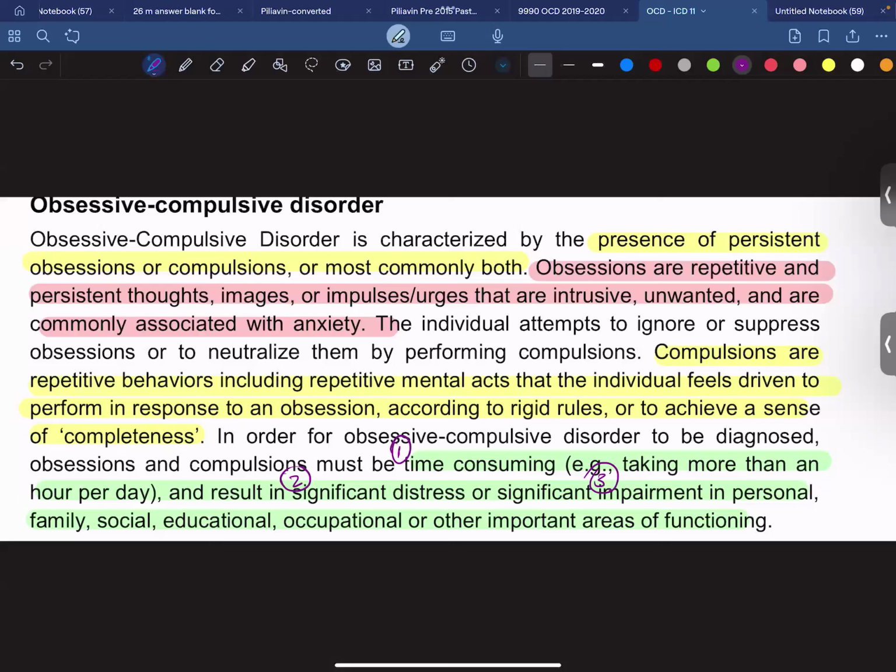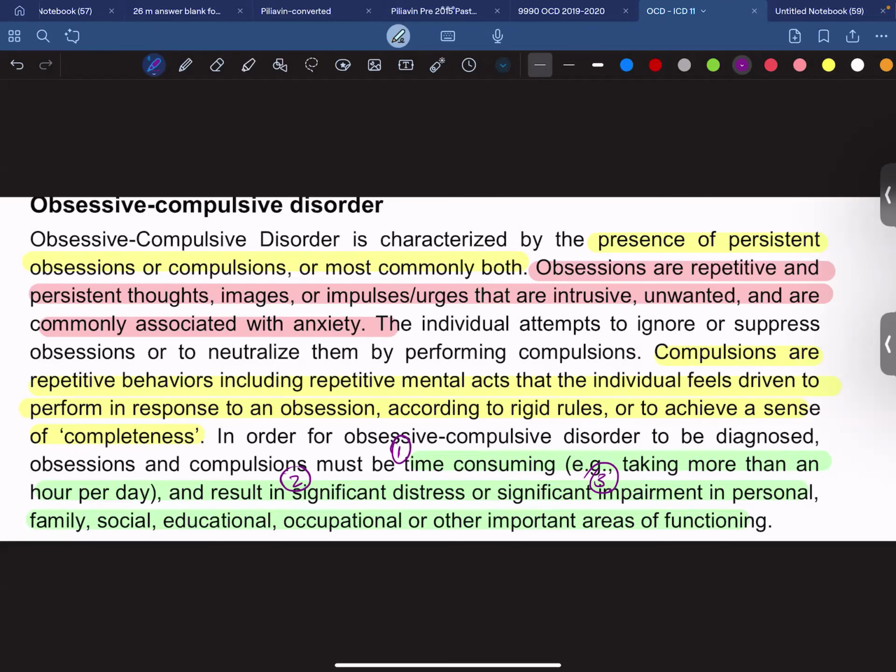So compulsions are repetitive behaviors, including repetitive mental acts, that the individual feels driven to perform in response to an obsession. Remember, we're talking about an individual who is continuously, constantly, persistently disturbed by these obsessional thoughts. This individual would try to neutralize those thoughts by acting on them, or acting accordingly.